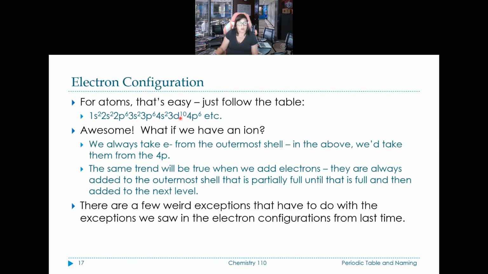So if we're talking about this guy right here, we take it from the 4p, okay? The same trend will be true when we add electrons. They're always added to the outermost shell that is partially full, and that's the way we do it, okay? There are a few weird exceptions to do with this, and we'll talk about that, okay?